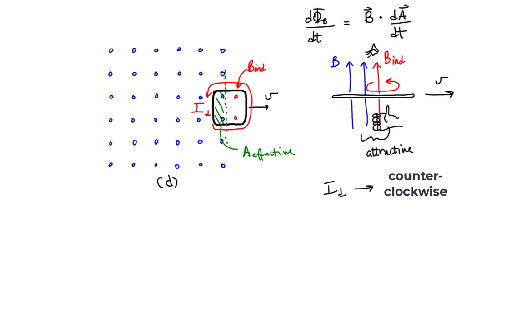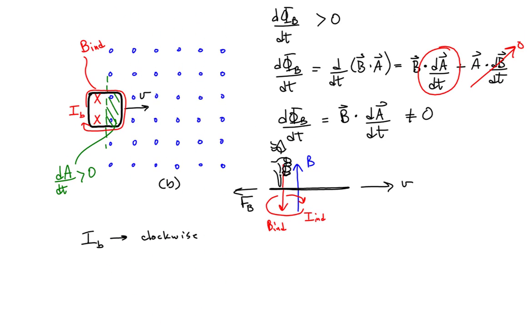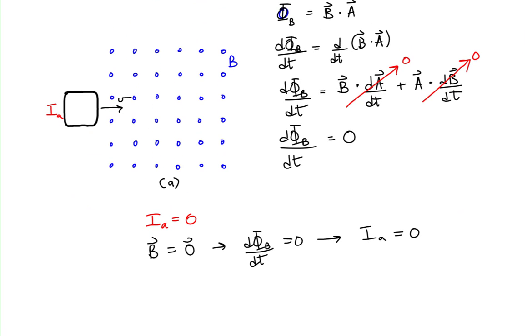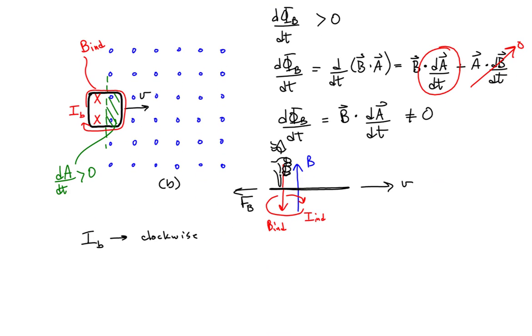So now we found all of the current directions for parts A, B, C, and D. In part A, there is no induced current because there is no change in magnetic flux. In part B, there is a clockwise induced current because the magnetic flux was increasing. So there is an induced magnetic field to try to cause the magnetic flux to stop increasing.